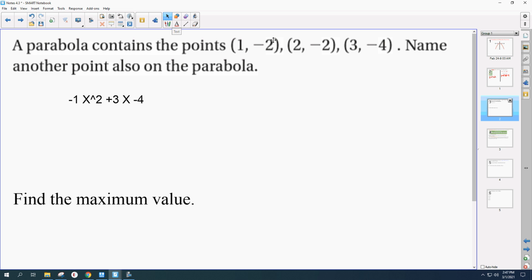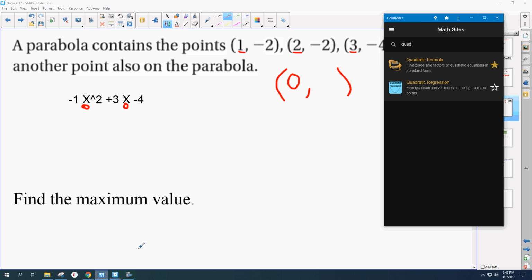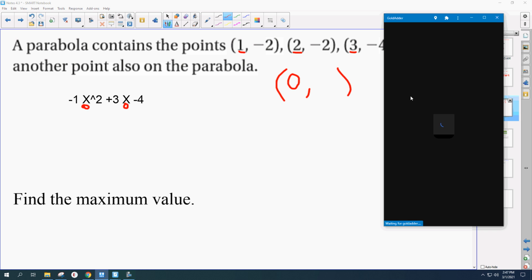Okay. So I don't want to plug in any one of these x numbers. Let's just pick something else. So let's try 0. All right. So 0, comma. That's probably the easiest thing to do. So plug in 0 for your x's. If you want, you can go back and use your calculator.